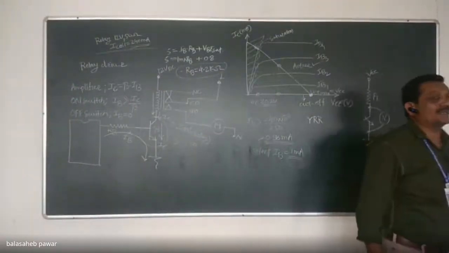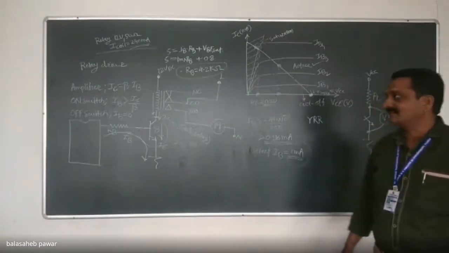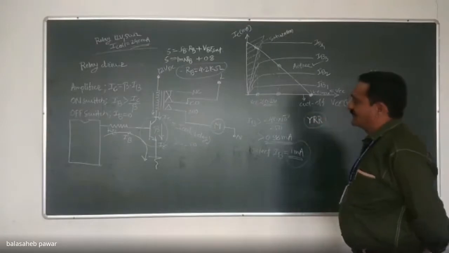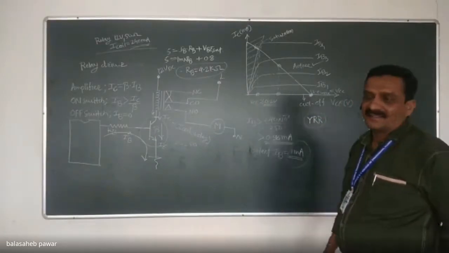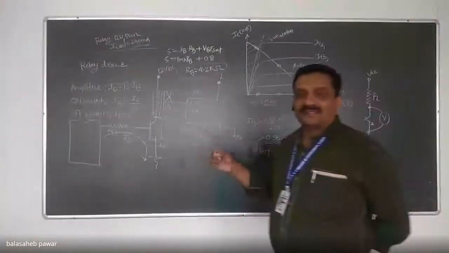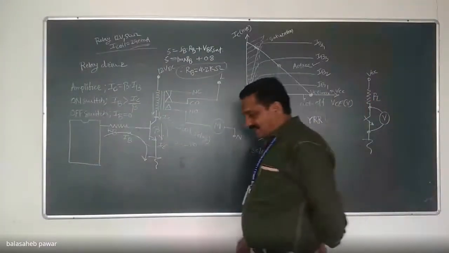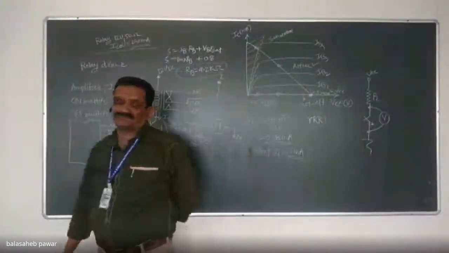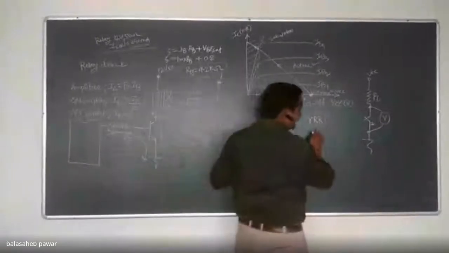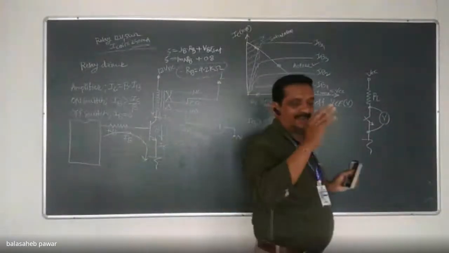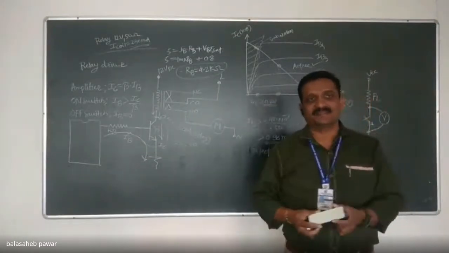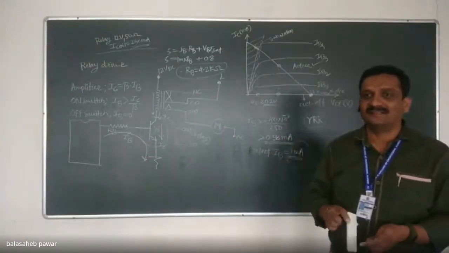What is the importance of that tolerance? Okay. So see, such a resistor, if you purchase it from the market, which is of 4.2K, and if the tolerance of this resistor is suppose plus minus 10%, which type of tolerance ring will be there?